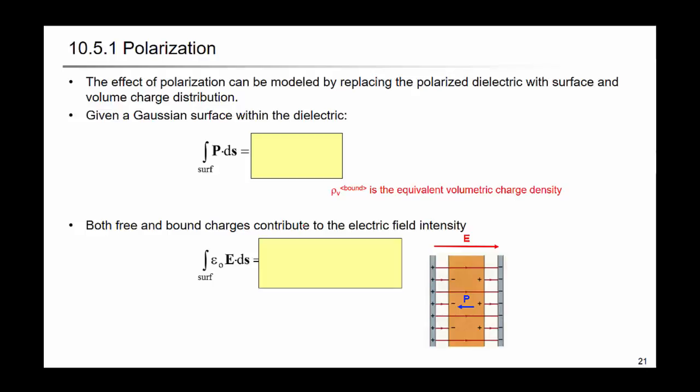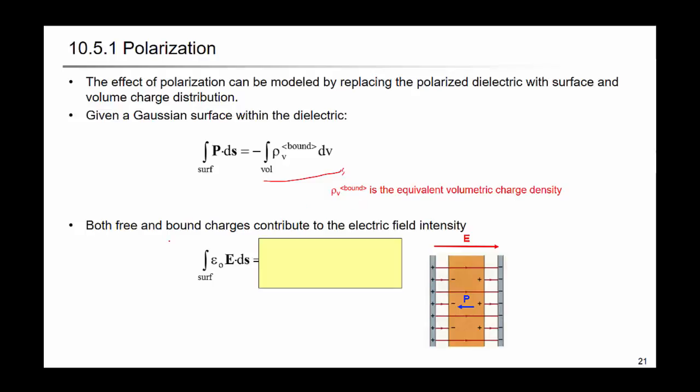This effect of the polarization can be modeled by replacing the polarized dielectric with the surface and volume charge distribution. And so you have a bound charge density over the surface.